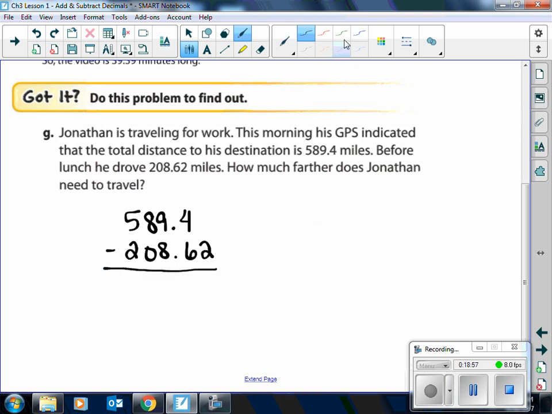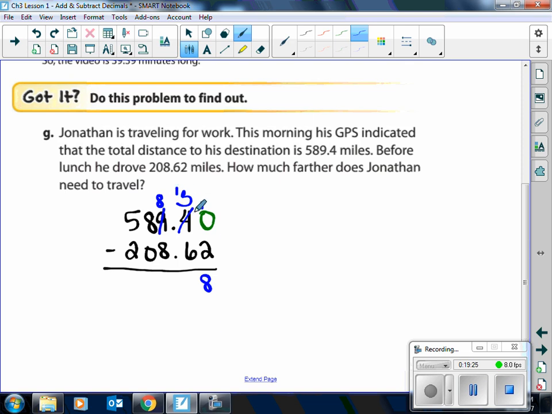Very good. So don't forget, we need to annex the 0 right there. So now we can subtract like normal. All right, so we can't subtract 2, so we're going to borrow from the 4. So that becomes a 3, and now 10 minus 2 is 8. Now here we can't subtract 3 minus 6, so we're going to borrow from the 9. So the 9 becomes an 8, and this becomes a 13.